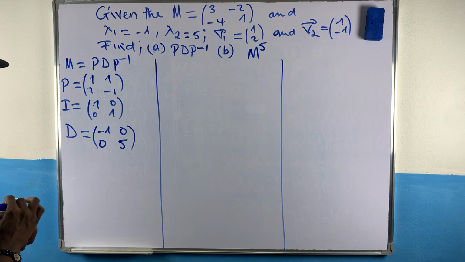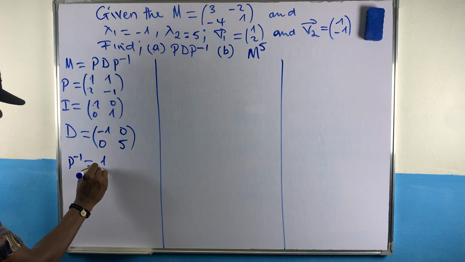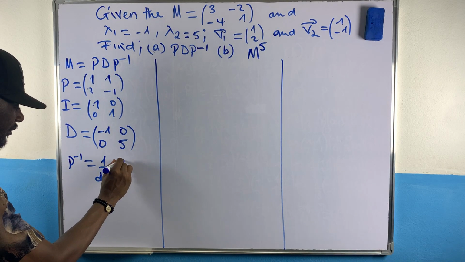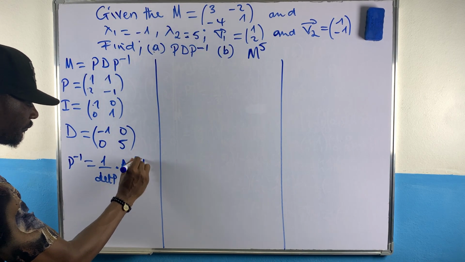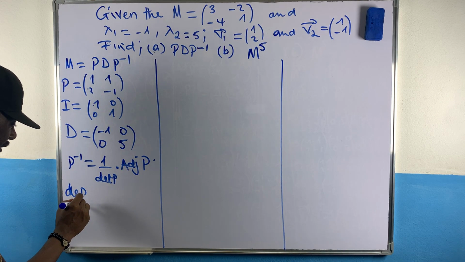So that is it. Well, how do I find my inverse matrix? Now, P inverse is 1 over the determinant of P times the adjugate, or the adjoint, of the matrix P. So what is the determinant of the matrix P?